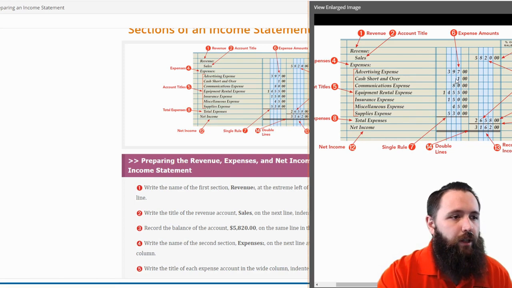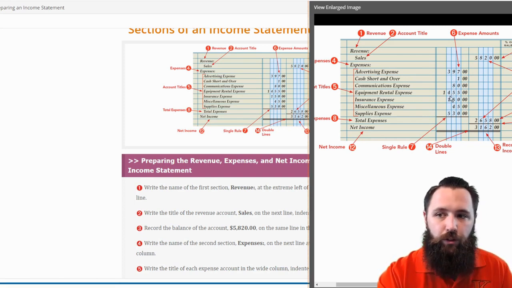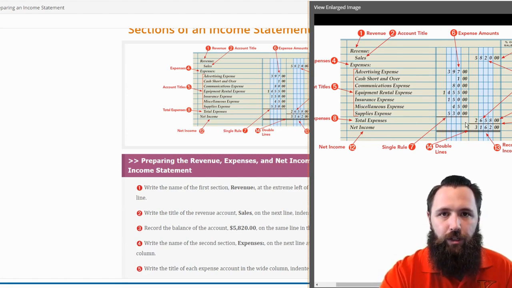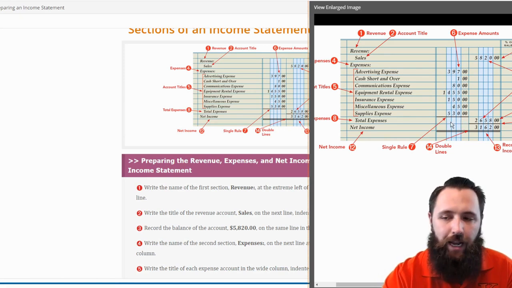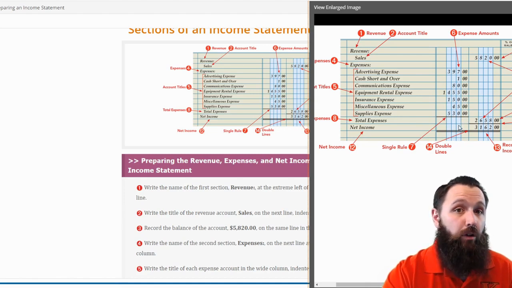And do you notice that we list all of our expenses in the first column? Why? Because they're individual accounts that aren't totaled yet, right? So we list all of our expenses on the left-hand side. After that, we're going to draw a single line underneath expenses. Now, you're not going to actually have to do this, but I want you to remember it if you ever do it by hand. It's a single rule line that's going to show that we're going to add up all of our expenses.